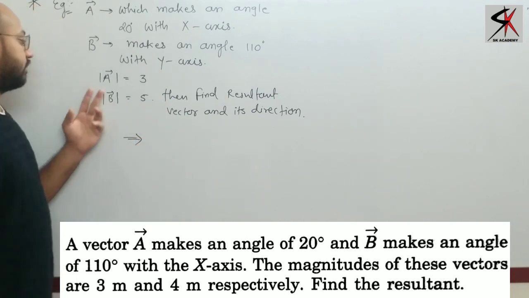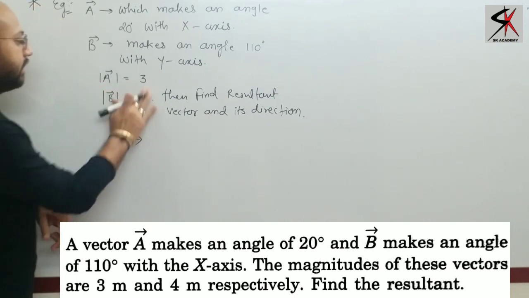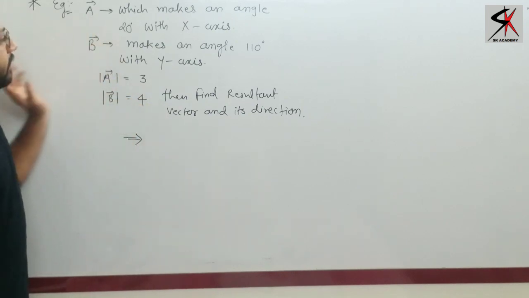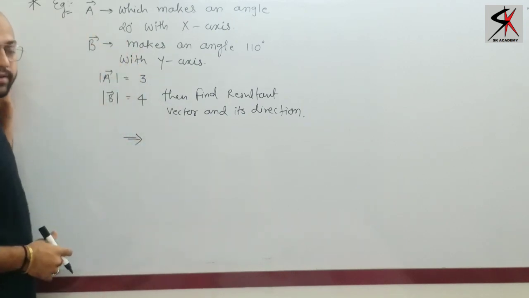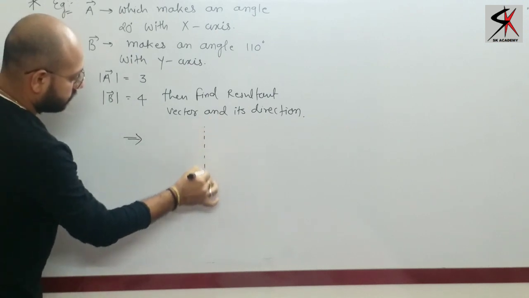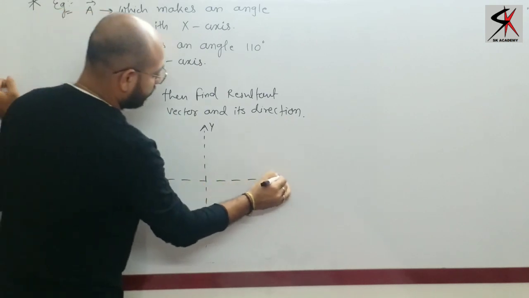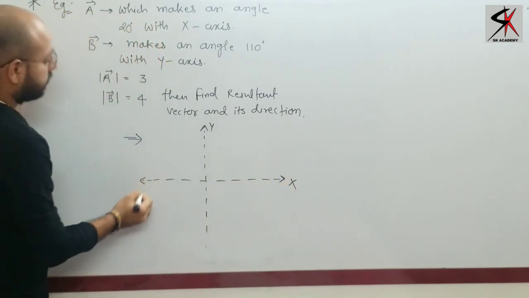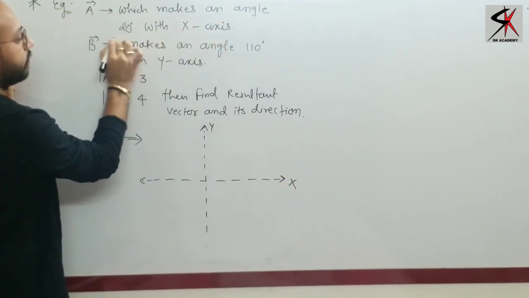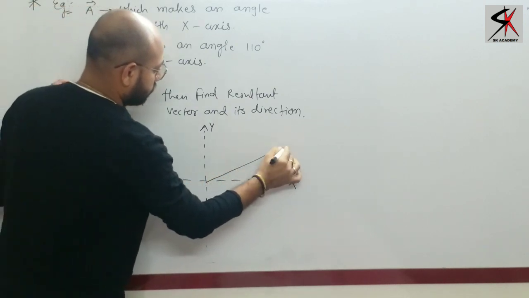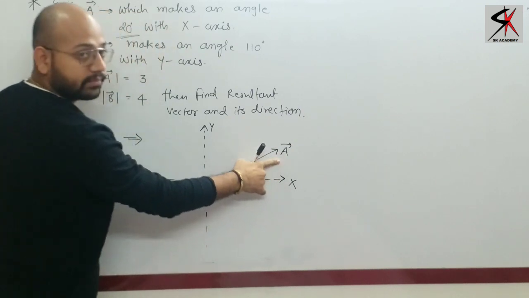Here magnitude of A is equal to 3 and magnitude of B is equal to 4. A bar makes an angle 20° with the x-axis. So first of all we will draw the y-axis and x-axis. Here A bar makes an angle 20° with the x-axis, so this is A bar.